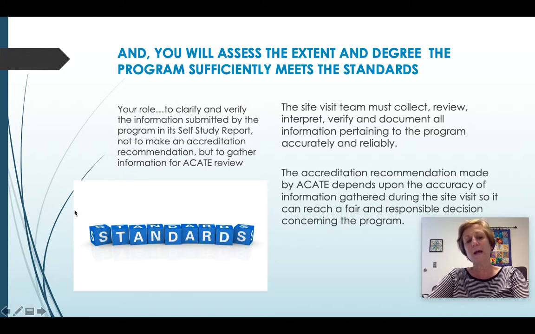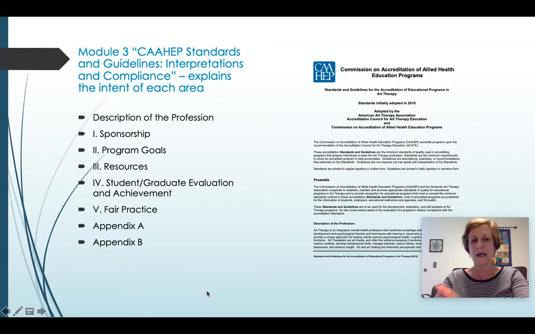So everything goes back to what do the standards say? We're just going to take a quick look at them. A lot more information about the standards will occur in Module 4 that's going to be created for you.